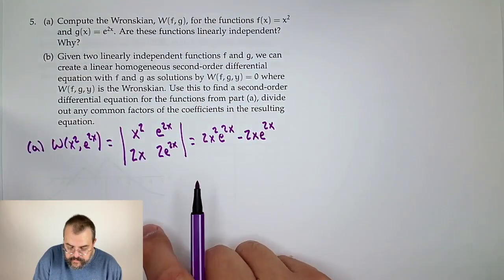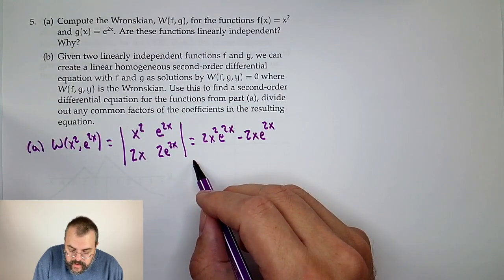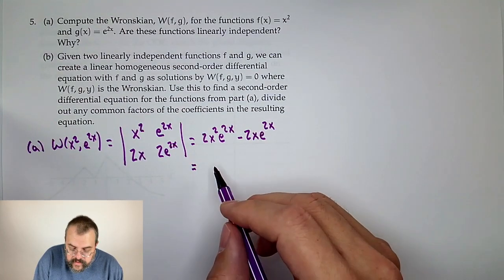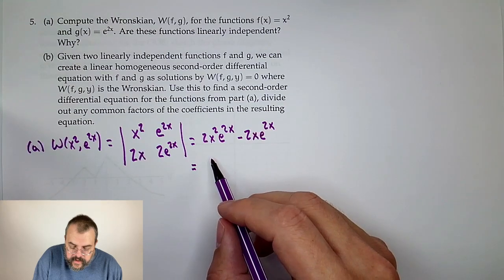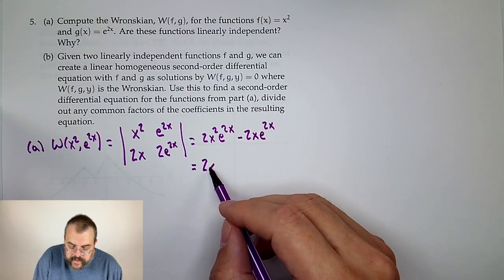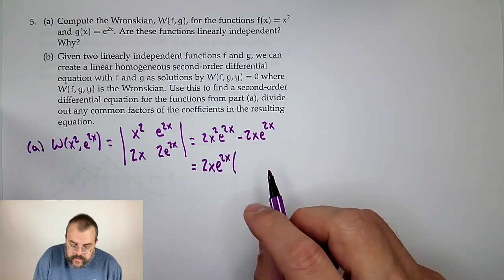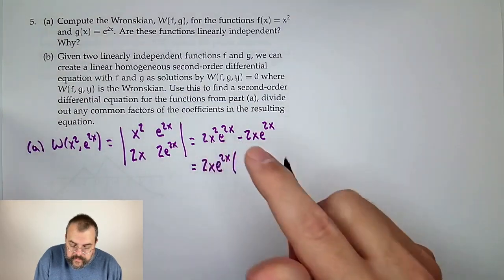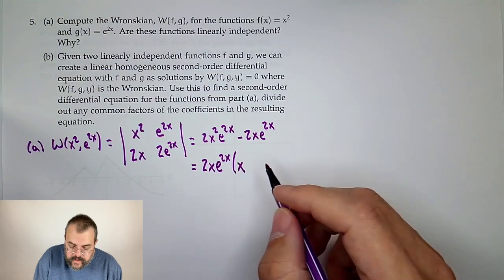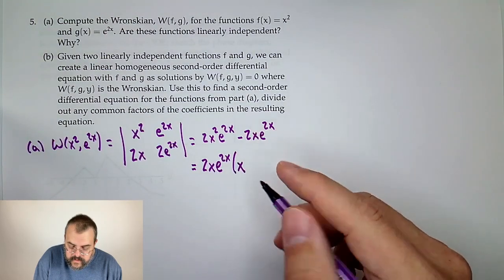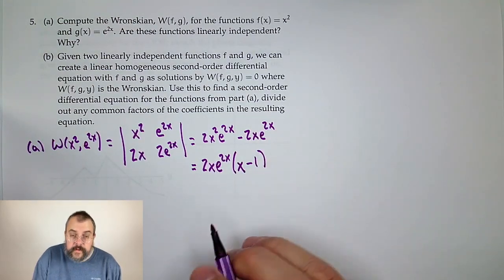Well, okay, we can clean it up a little bit. So, for instance, I can factor a 2x e to the 2x out. And if we do that, we're left with x from the first term, and we're left with just 1 from the second term. And there we go.